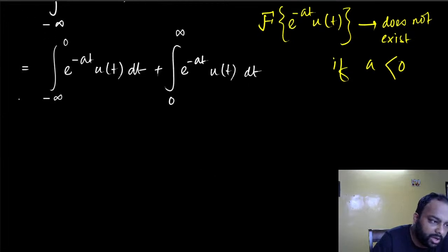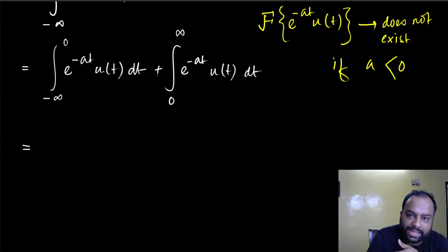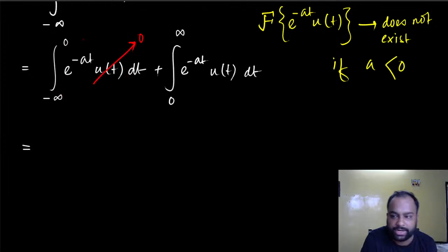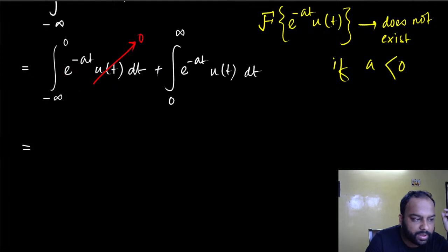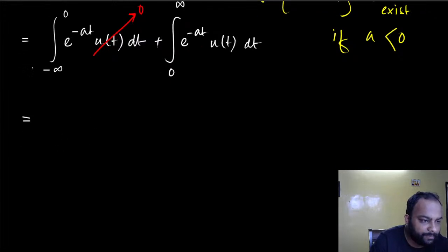Since ut is a causal signal, it has a value of 0 when t is negative, so the portion within the negative limit is 0. So we are only treating the right one.